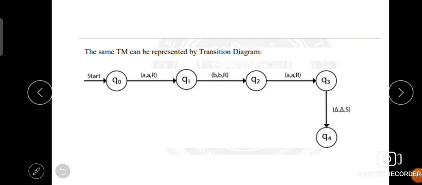Here we have to put circles for the states Q0, Q1, Q2, Q3. The final state is Q4, and on each edge between the states we have to mention the state transitions.